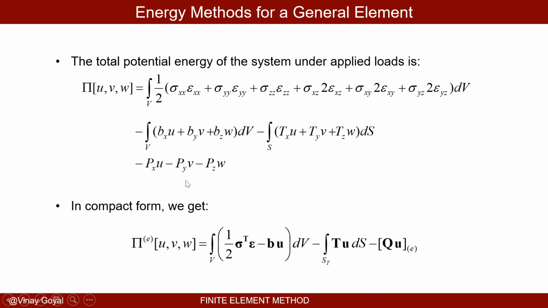These are volume integrals, so that's easy. Then you have the traction T bold times U bold, very simple as well. And this potential energy is also Q bold times U bold. If we put px, py, and pz in a vector, we can quickly multiply this by that. I'm considering T bold to be a column vector. Q bold is also a column vector. That makes it easy to do this multiplication.